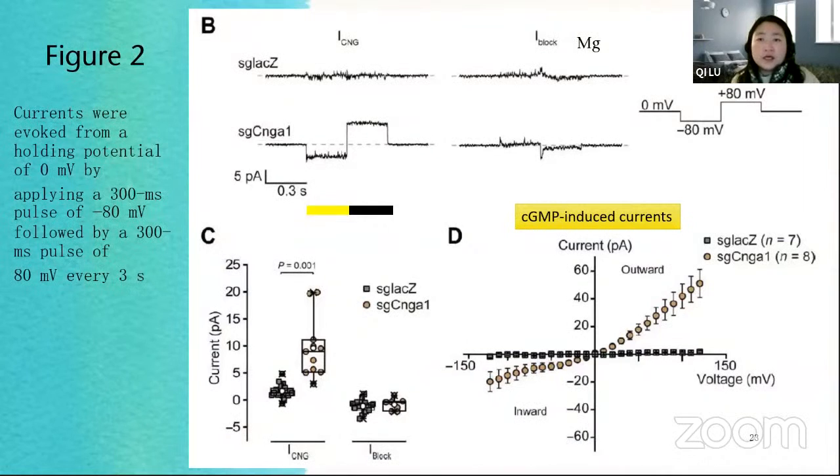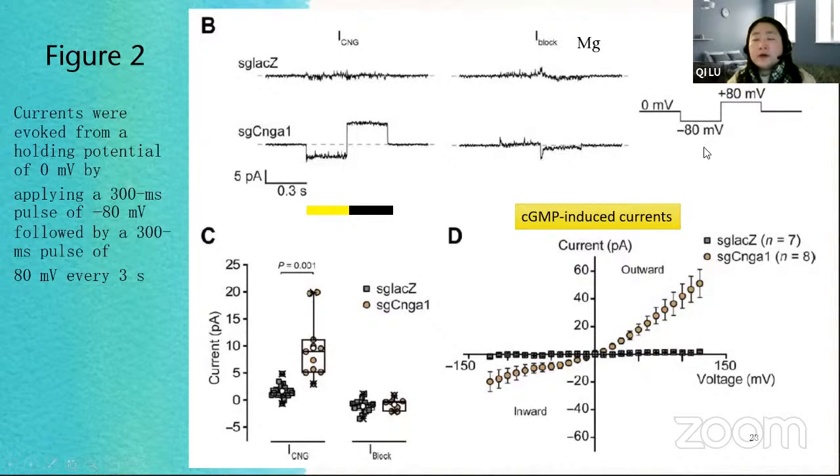Here is patch clamp recording data from the photoreceptor cell line, using a voltage clamp to activate the cells while changing the holding or clamping potential. At the rest state, the holding is at 0.